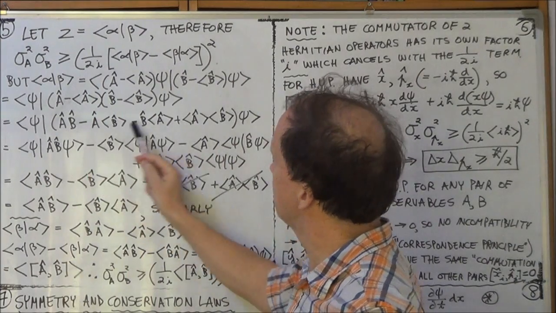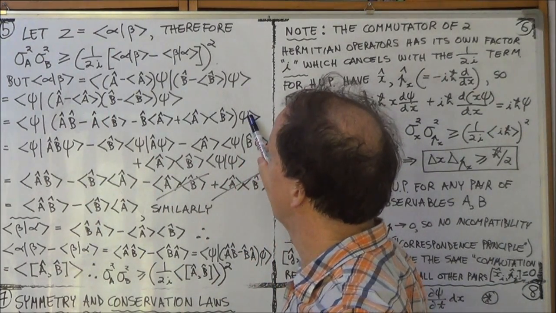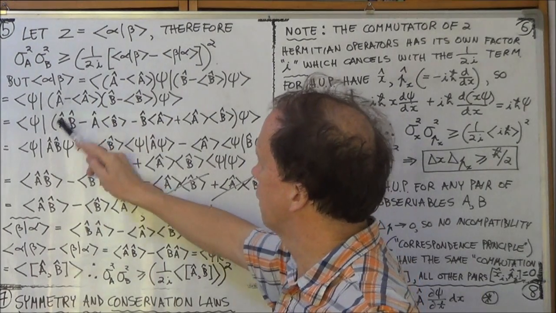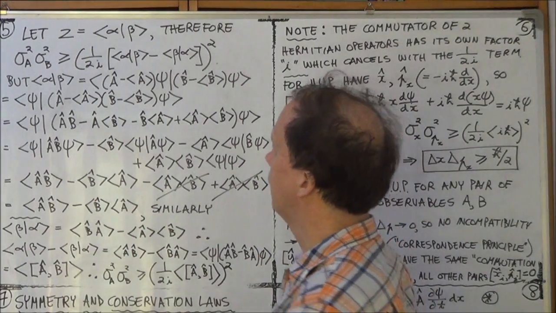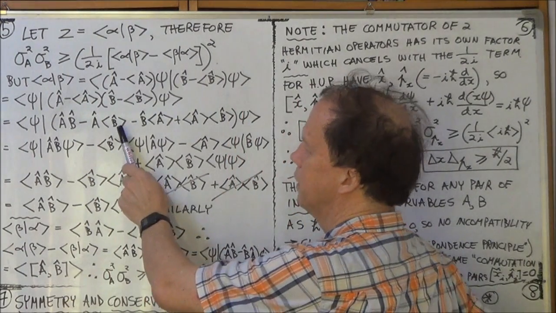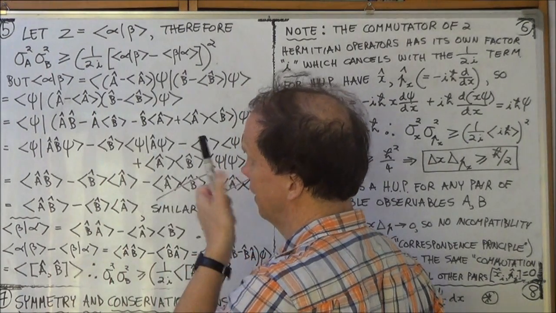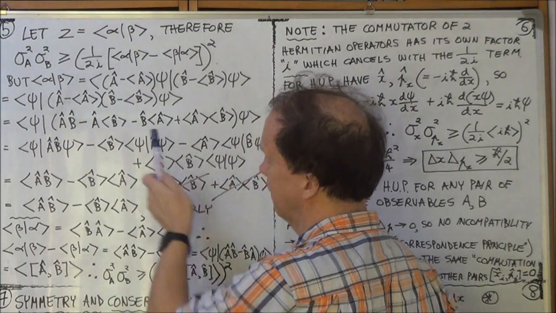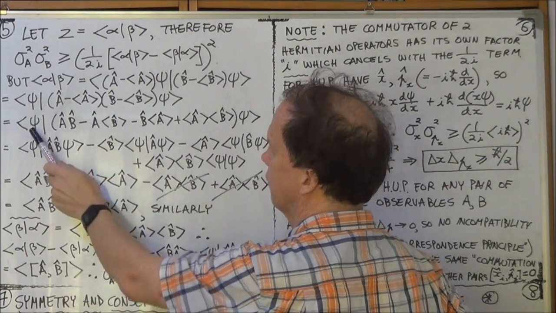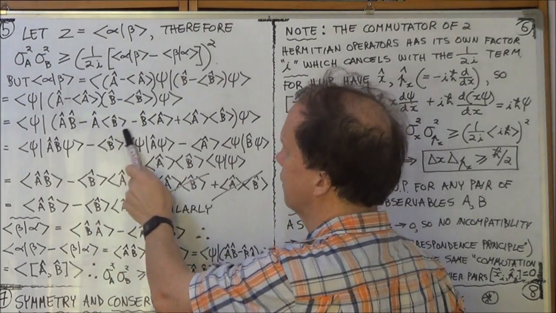Now rearrange these 4 terms in the following way. You'll get A hat B hat psi from here, and the average value, that's just a number, right? It's just a number, so you can take it outside the bracket. So that's what you're doing here. So then you're left with psi A hat psi for this term.